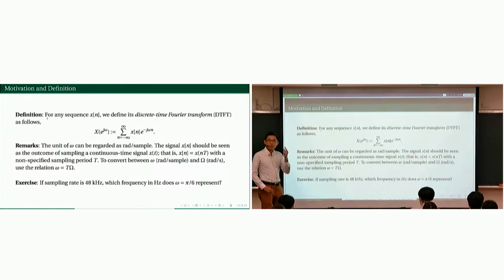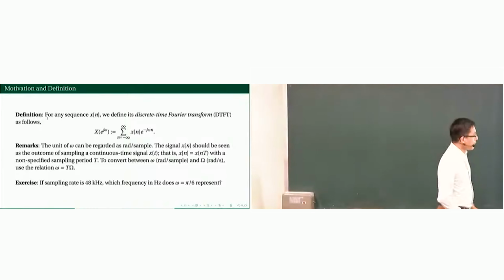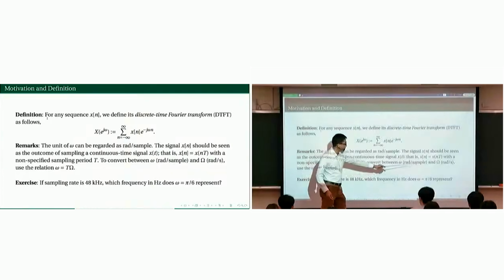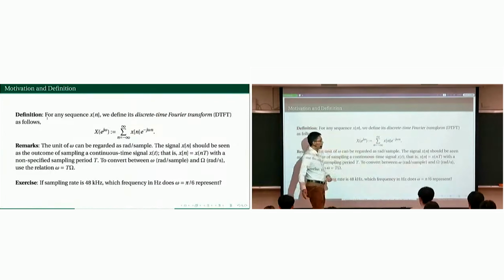If you move in the time domain by one sample, how much phase change is there? That's the meaning of small omega. Whereas big omega has a unit of radian per second, which equals 2 pi times frequency in hertz.